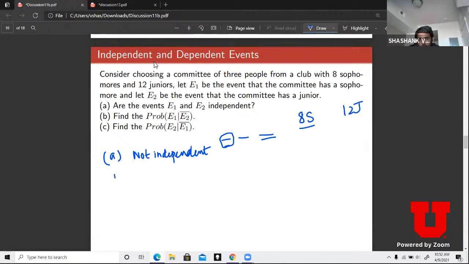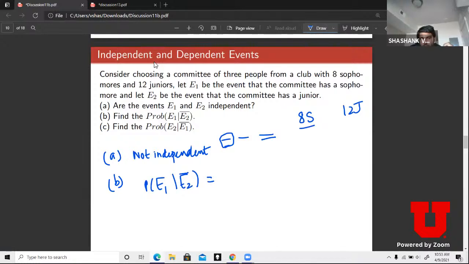And so what do you guys think about B? Okay. So the probability that E1 occurs given that E2 doesn't occur.